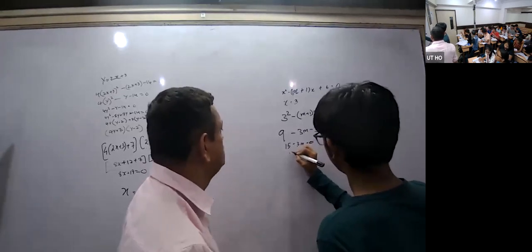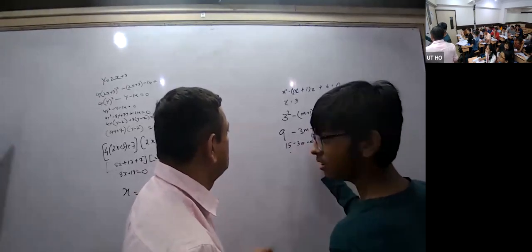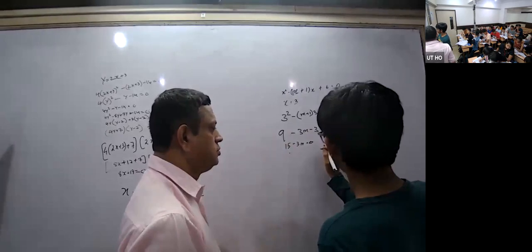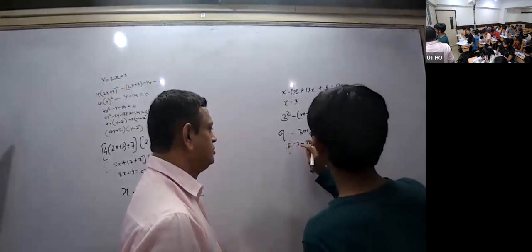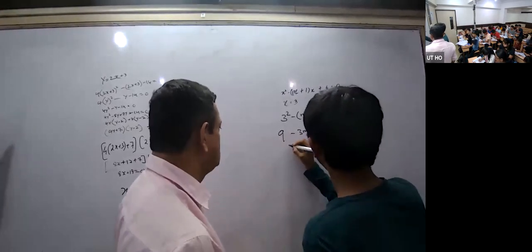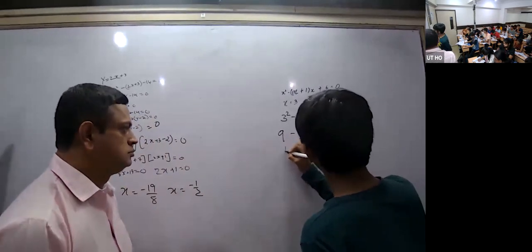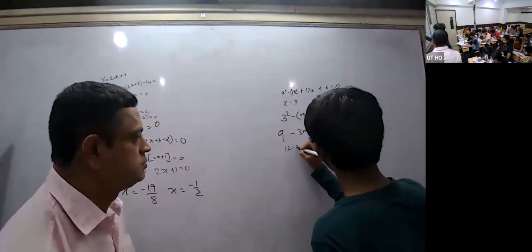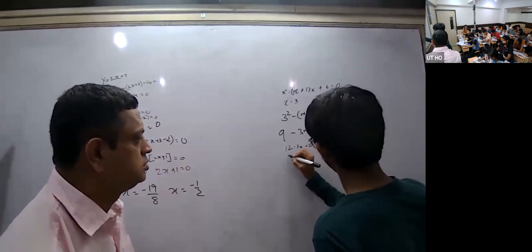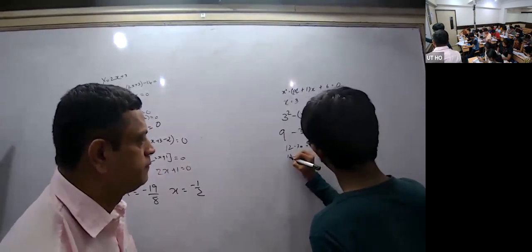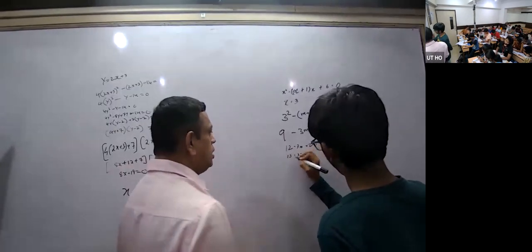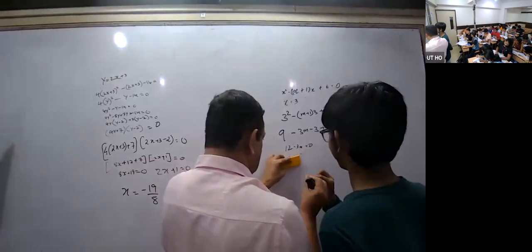How did you get 50? 12 minus 3 is equal to 13. So you have tension out.